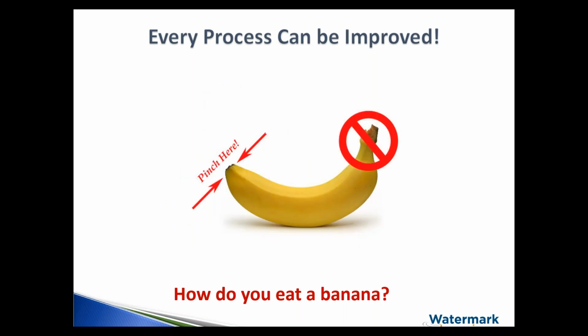But there are other ways to eat a banana, which might be more conducive. Rather than taking the stem and peeling it down and being left with a mess of banana, or the banana falling all over the place, you pinch it at the end right here, and then you use the stem as a handle, kind of like a popsicle stick.